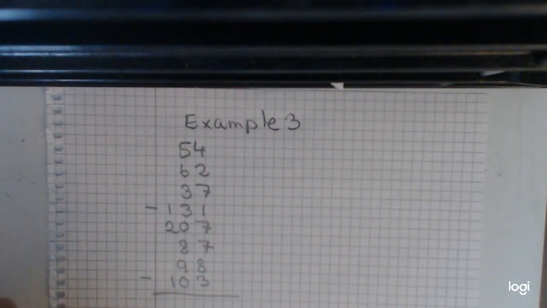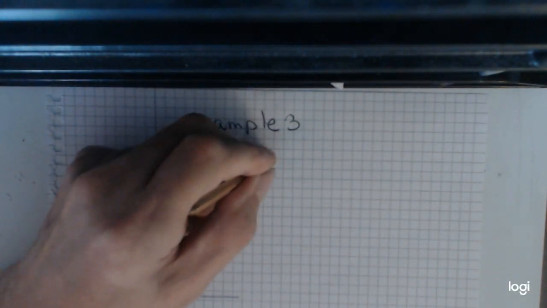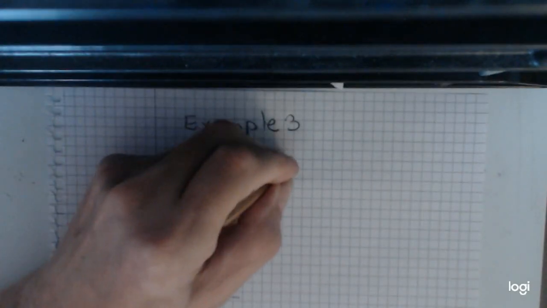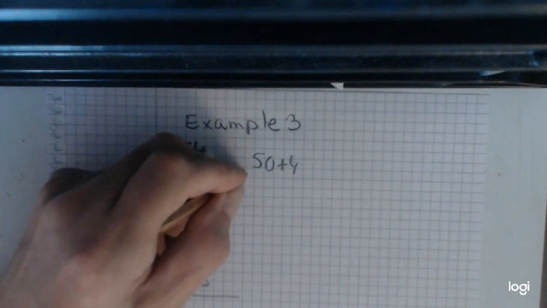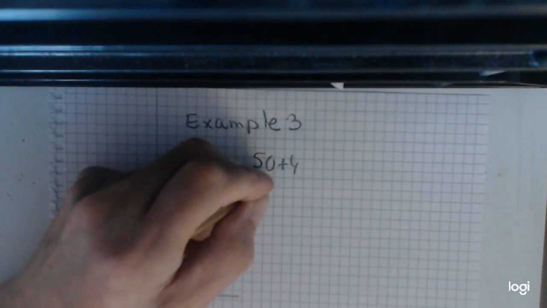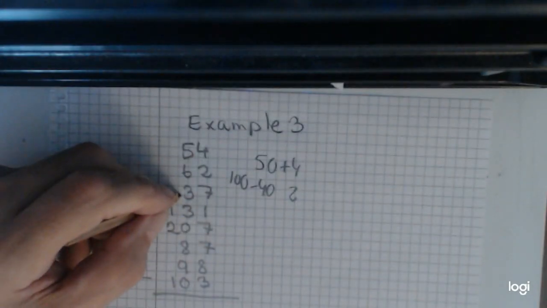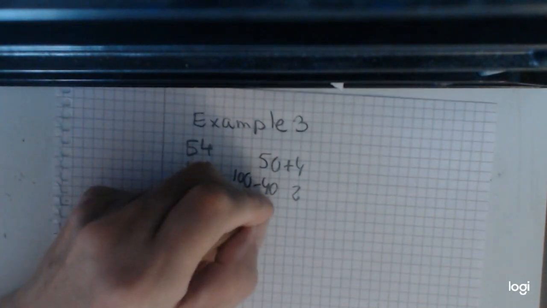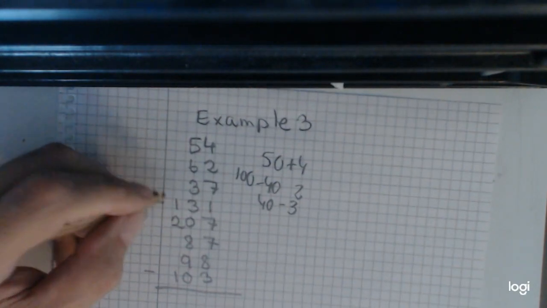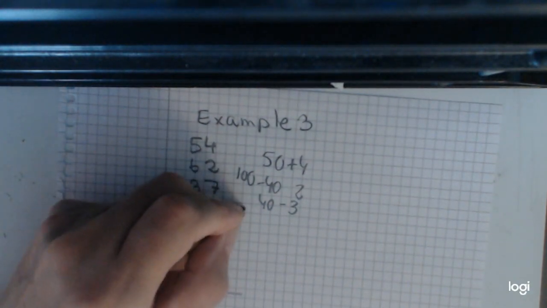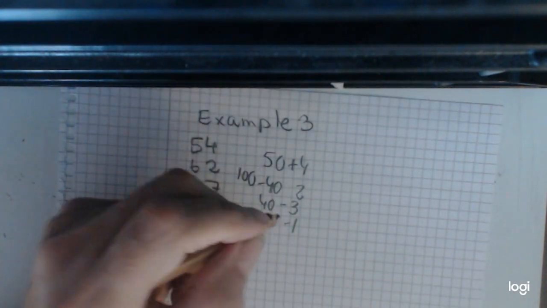So we'll take 54 and I'll write that as 50 plus 4. 62 is 100 minus 40 plus 2. 37 is 40 minus 3. You have minus 131, so it's minus 30 and minus 1.